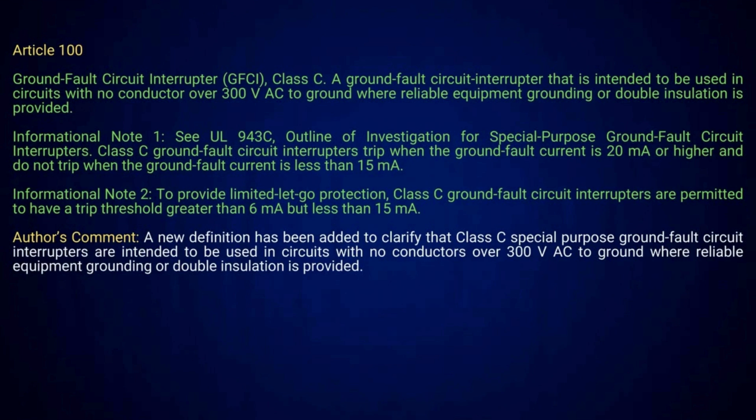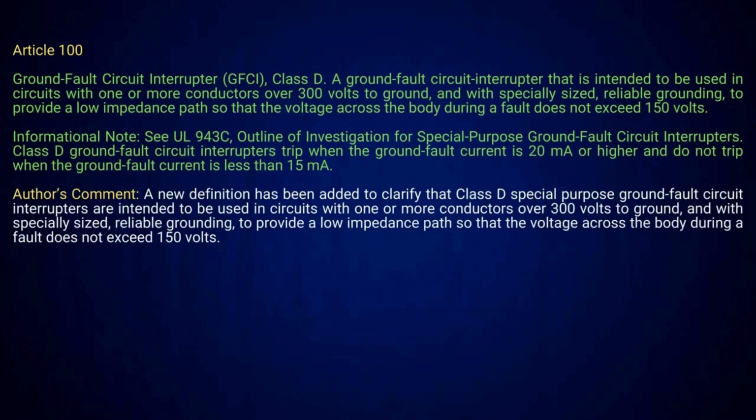Then when you pick up a Class D, it's intended to be used in circuits with one or more conductors over 300 volts to ground. These are specially sized, and you also have reliable grounding that provides a low impedance path, so the voltage across the body during the fault does not exceed 150 volts.